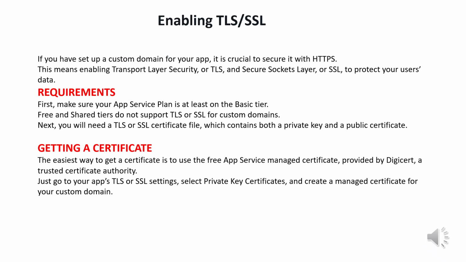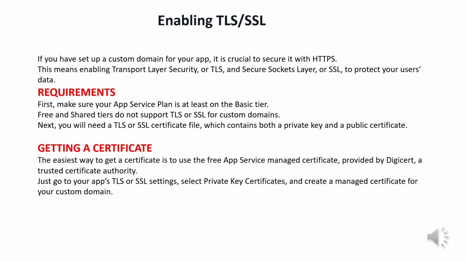If you have set up a custom domain for your app, it is crucial to secure it with HTTPS. This means enabling Transport Layer Security, or TLS, and Secure Sockets Layer, or SSL, to protect your users' data. First, make sure your app service plan is at least on the basic tier. Free and shared tiers do not support TLS or SSL for custom domains.